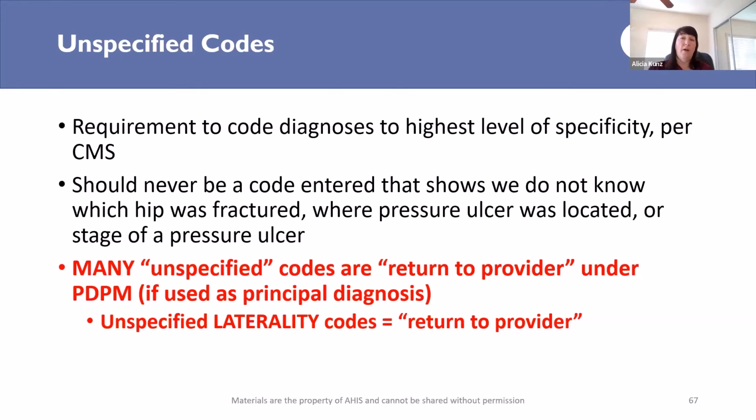I will caution you, the biggest boo-boo you can make is, when it comes to laterality, that you code unspecified. If you don't know if it was the right femur or the left femur and we're coding unspecified femur, that's a problem. And of course, that's why it's returned to provider. So be careful with those unspecified laterality codes.